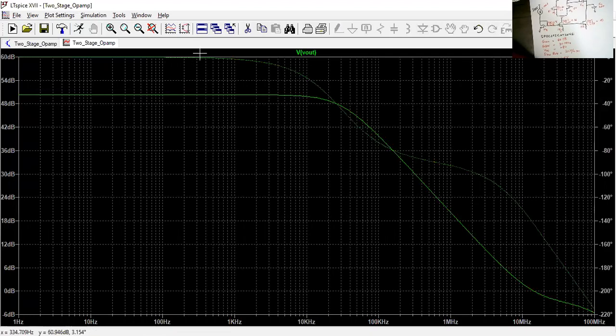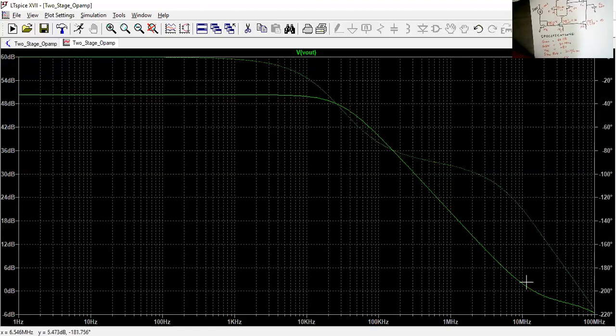And we have got two plots. The thick, solid line is for the magnitude, and the dotted one is for the phase of the Vout. Reading the values from down here, we are getting a DC gain of around 50 dB.